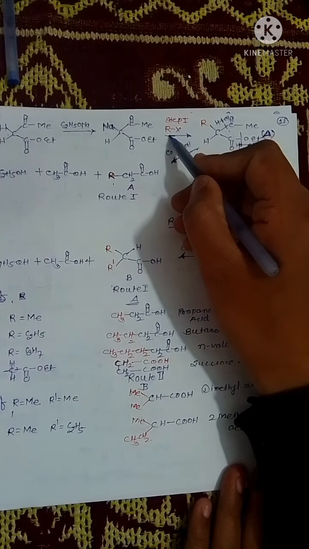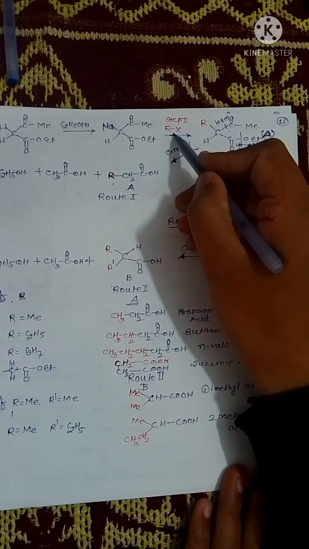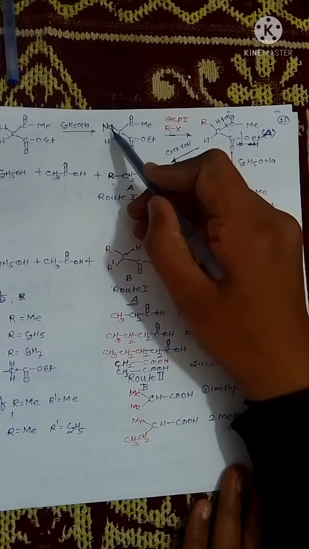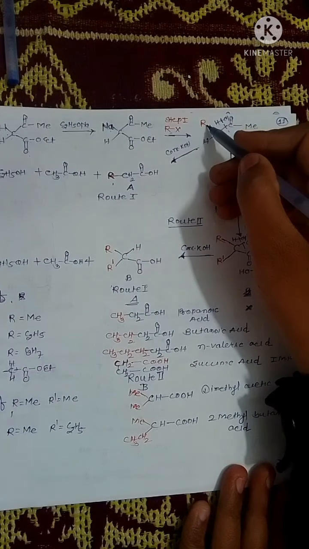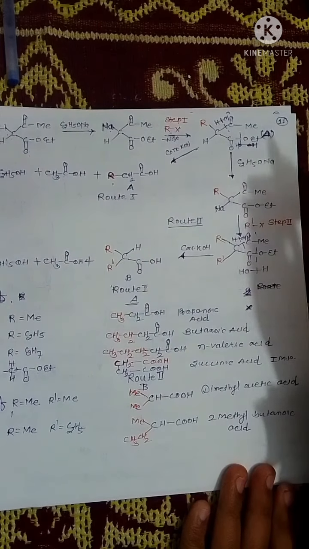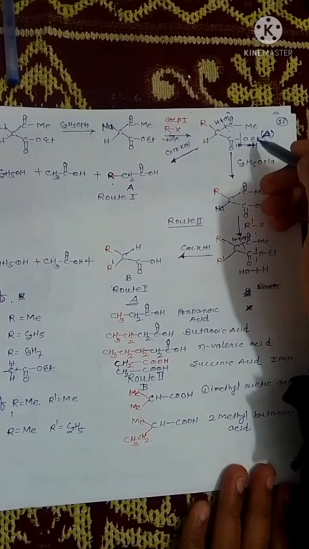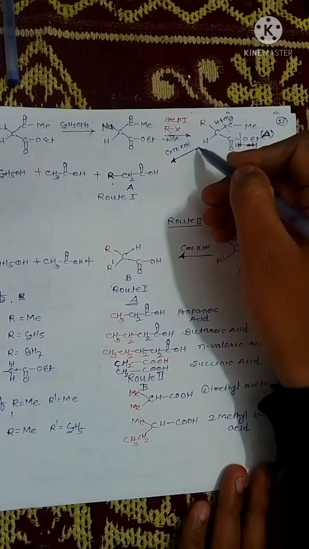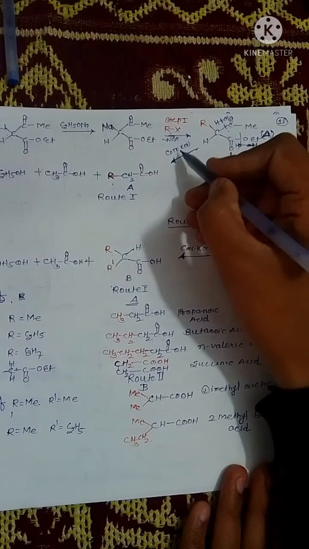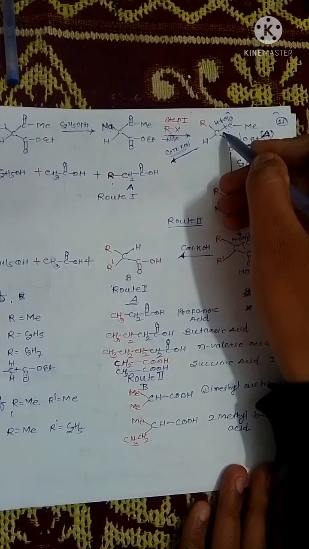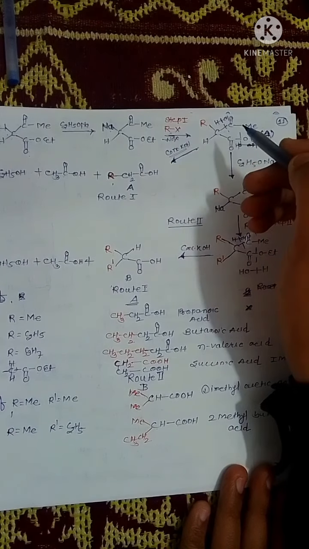And if we add alkyl halide, Na is replaced by R, minus NaX goes off from this reaction, and we get this type of compound. So now what happens if I add concentrated KOH to this molecule?